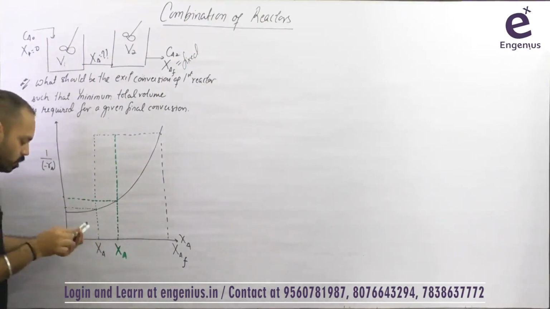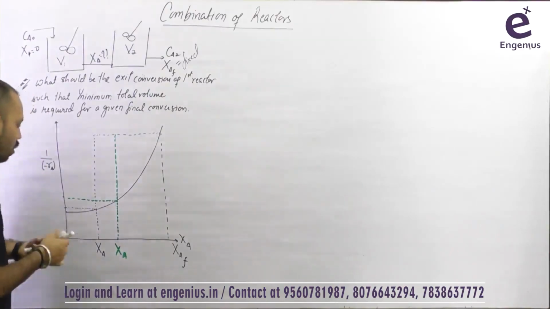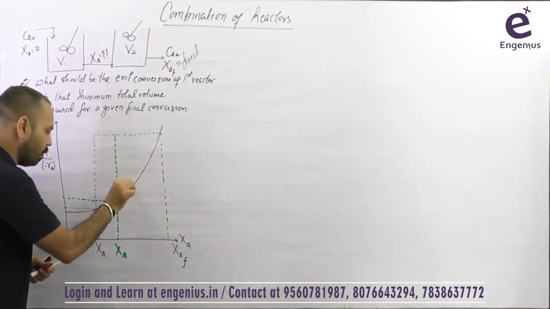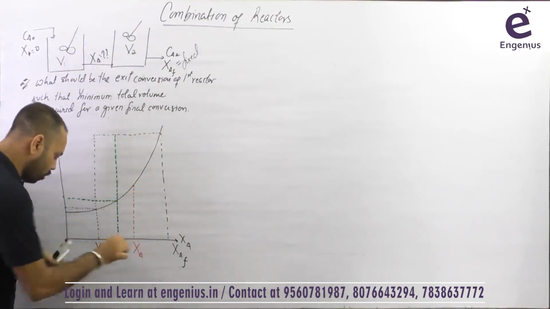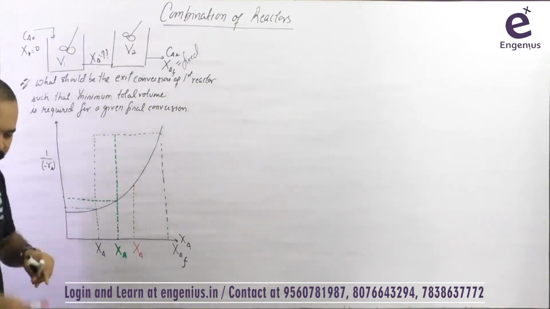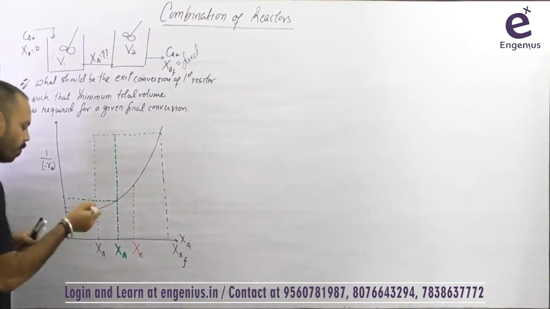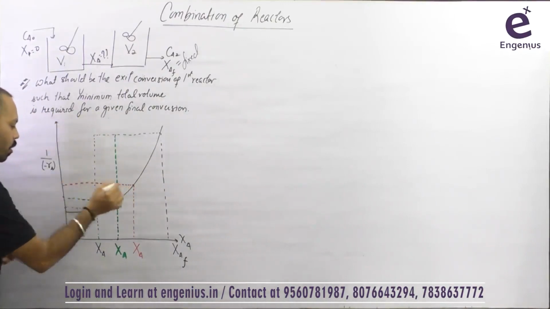Or suppose if conversion changes further, if I say that no, conversion is this. If you keep the intermediate conversion here, in this case the volume of the two CSTRs connected in series is going to be different. In this case, the volume is going to be entirely different.